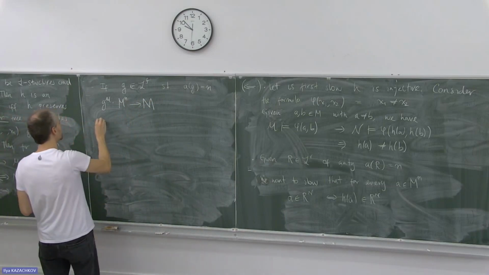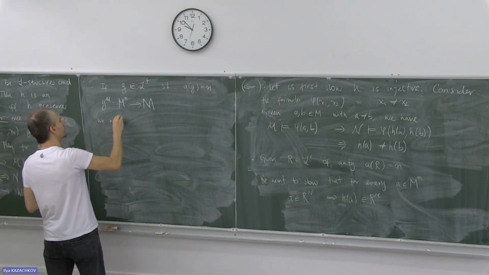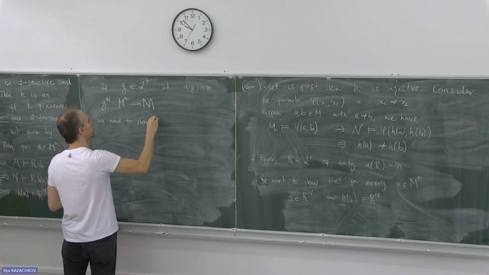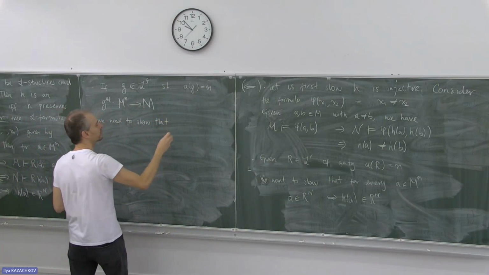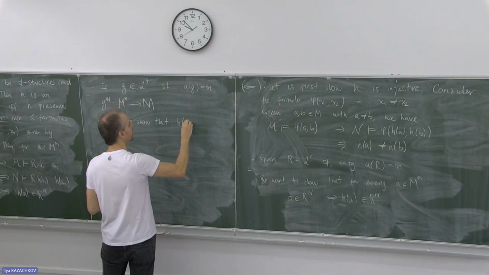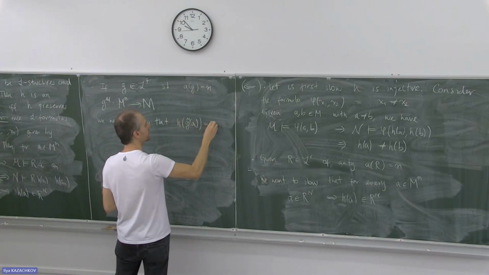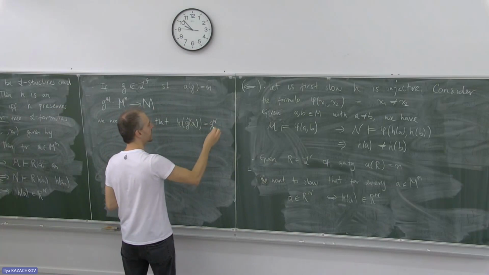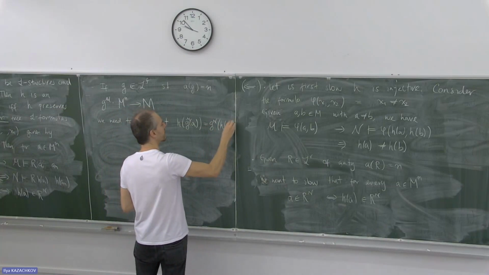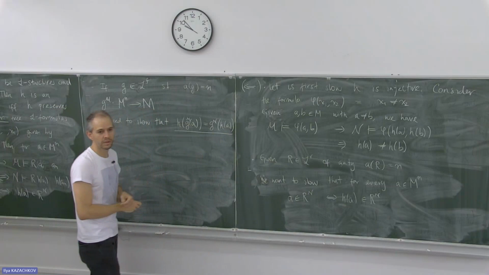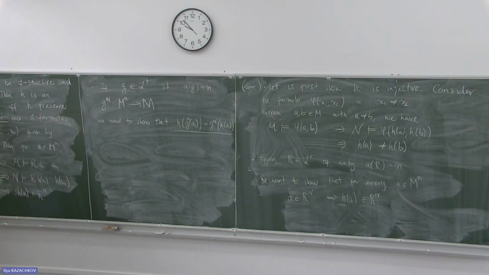We need to show this commutative diagram, meaning that h of g of a is equal to the interpretation in N of h of a. This is what we need to show, right?